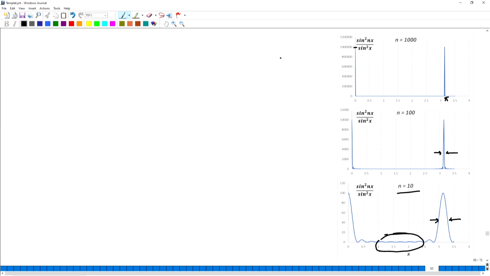And if the crystal is a large size, which means large number of scattering centers, then one will get very sharp maximas at specific values of psi 1, psi 2, psi 3.